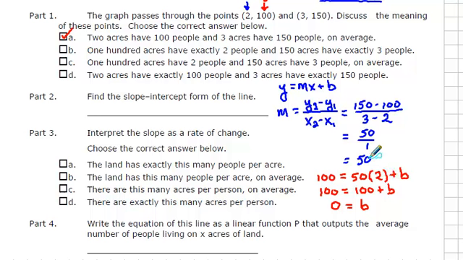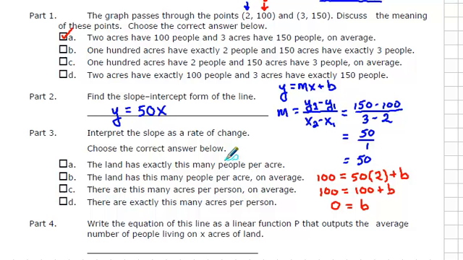So m, our slope, is 50, and b is equal to 0. We just substitute those values into the equation, and that will give us our answer. y is equal to 50x plus 0. We don't have to write the plus 0 down, just y is equal to 50x.